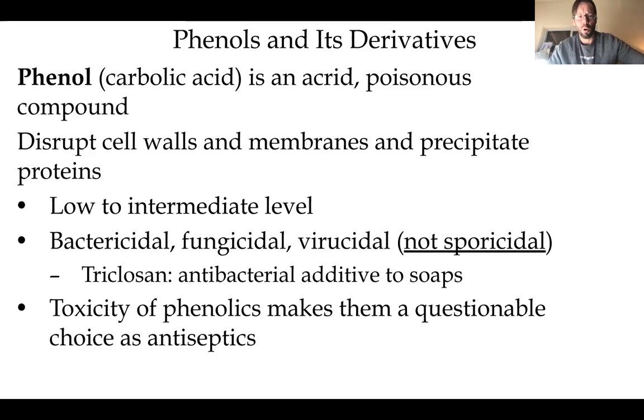Certain microbicides can mess up the metabolic processes that are necessary for life, and we'll get into that next chapter. But again, these phenols are also intermediate level, bactericidal, fungicidal, virucidal, but not sporicidal. Okay, so that's why it's intermediate, not high level.